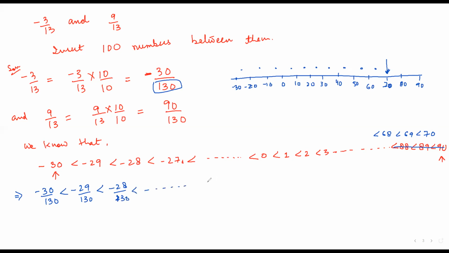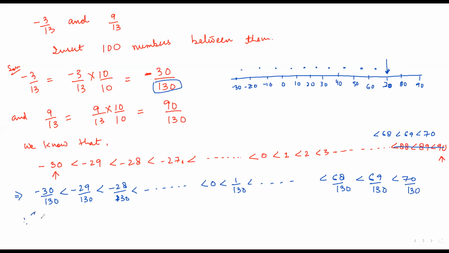It will go on. So it will be smaller than 0, it will be smaller than 1 by 130, and so on. So minus 68 by 130, 69 by 130 will be smaller than 70 by 130. So I can pick 100 numbers from here.